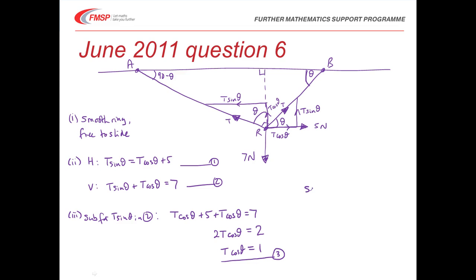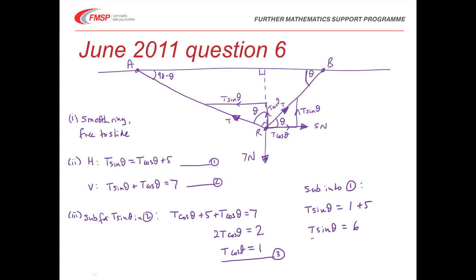Well, let's substitute that back into equation 1. Equation 1 says t sin theta equals t cos theta plus 5, but I know t cos theta is 1, so that's just 1 plus 5, which gives me t sin theta equals 6.